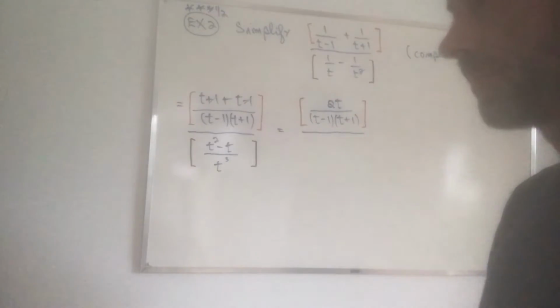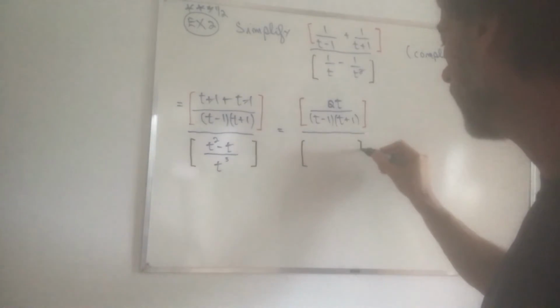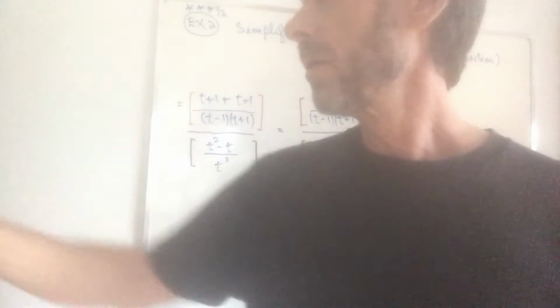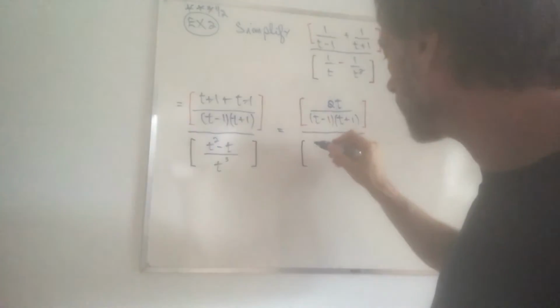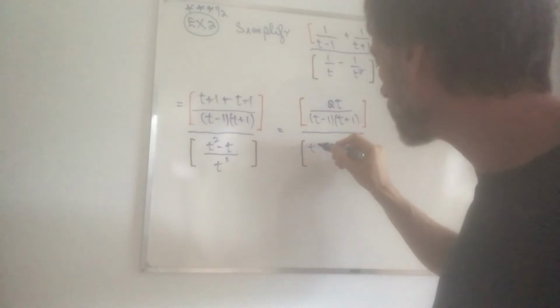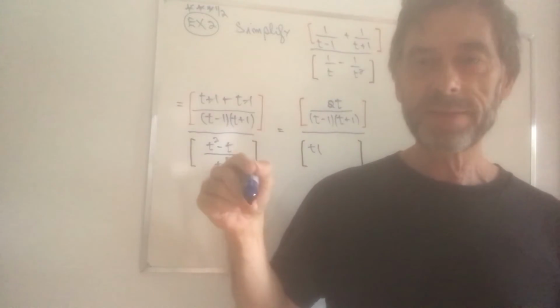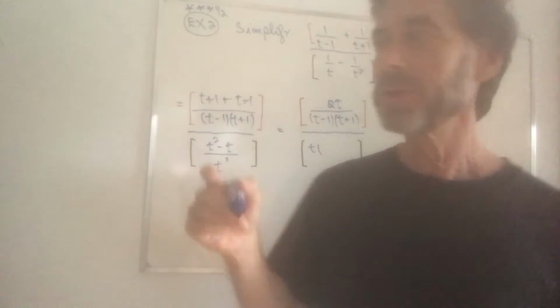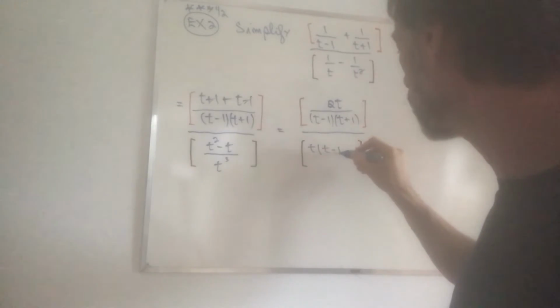In the bottom, what do I have here in the bottom? Well, t squared minus t, they're not like terms, can't do much except perhaps take out a t. And that's the move we would not have to do if we had taken the least common denominator. But let's not worry about this too much.